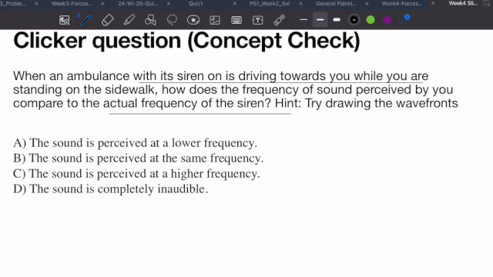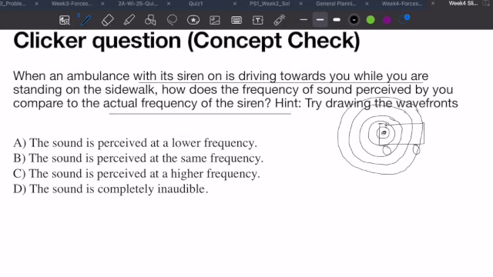So here's the truck at rest, and here's the siren. When the siren sounds, it outputs equally spaced wave fronts starting at the source. Now, if we let the truck move towards us, so let's say we're standing on the sidewalk over here, and now the truck is moving to the left.